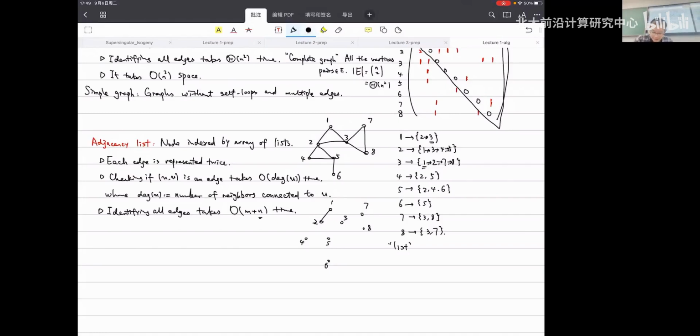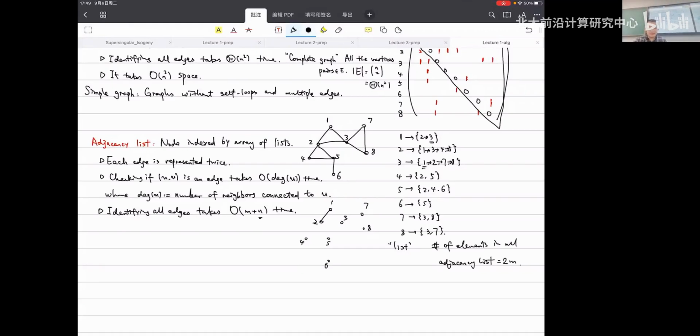On the other hand, when you look at the things inside the adjacency lists, the number of elements is apparent on the right-hand side. Actually, you can prove that the number of elements in all adjacency lists is exactly 2 times m.